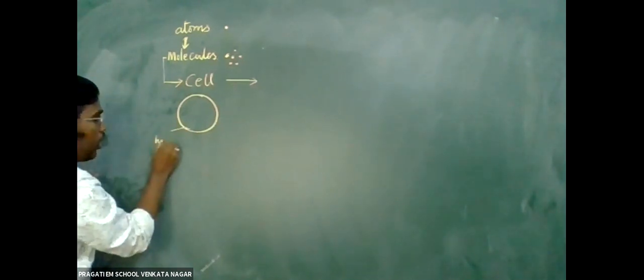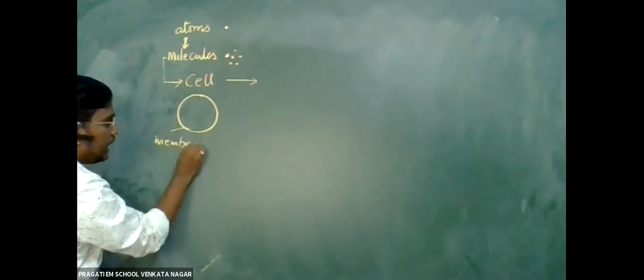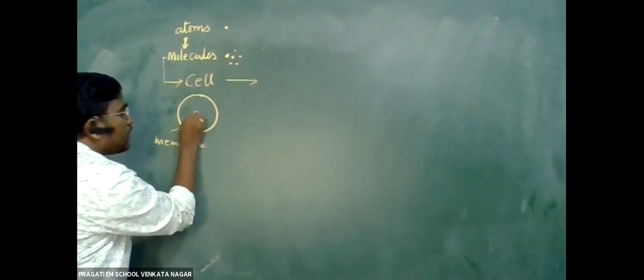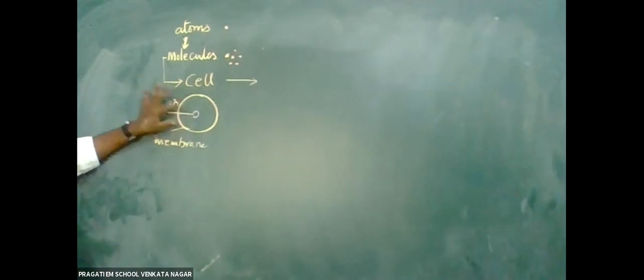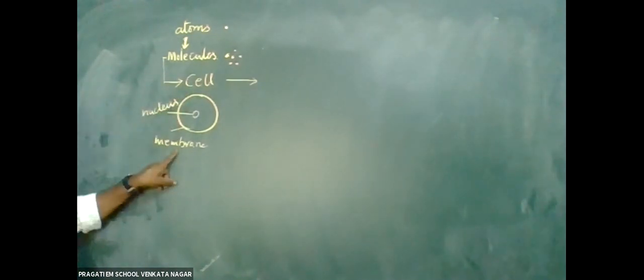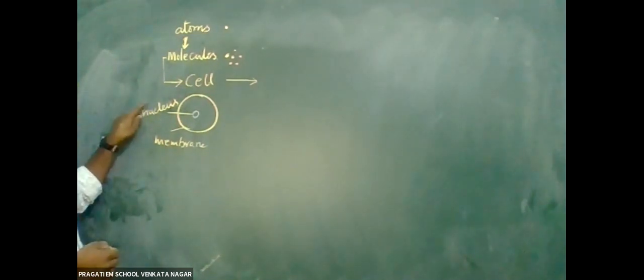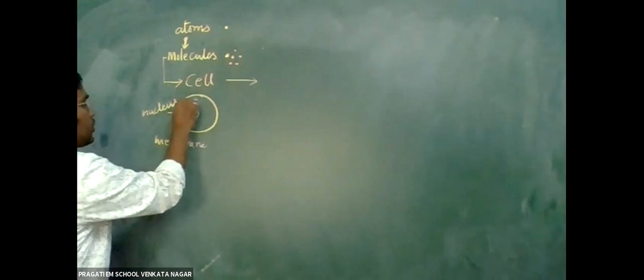Inside the cell there is a nucleus, and the cell contains an outer boundary called the membrane or plasma membrane. The cell has a nucleus and a liquid portion called cytoplasm.